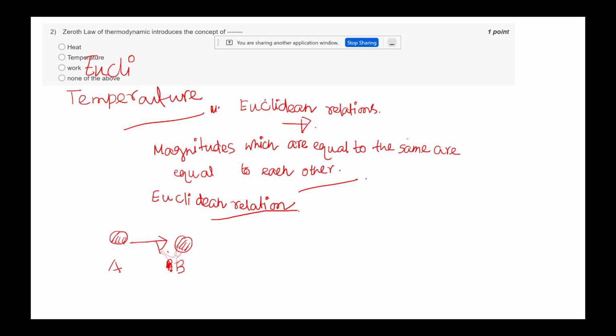The properties will be assigned to system A and system B, and you are comparing or doing some operations with those two systems.